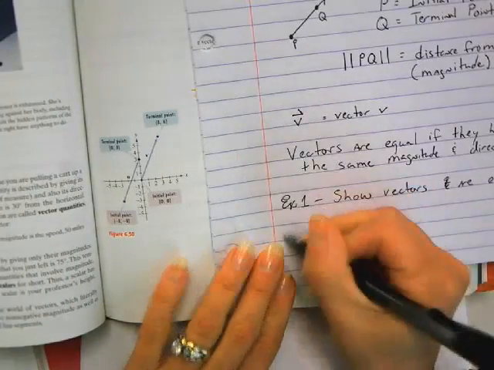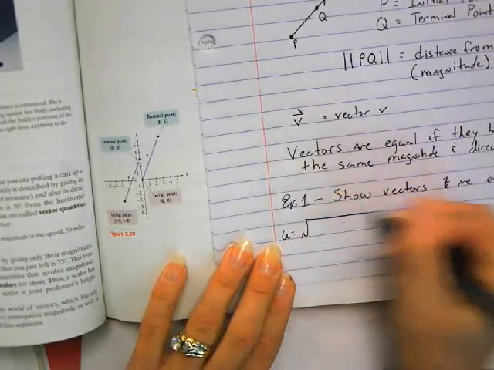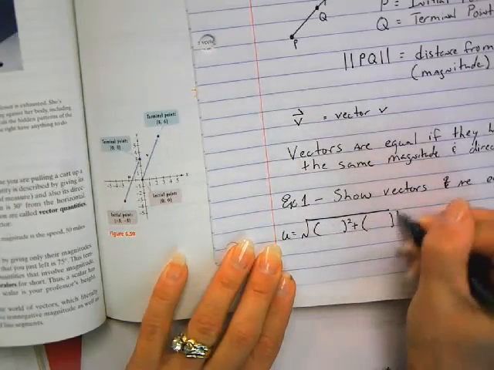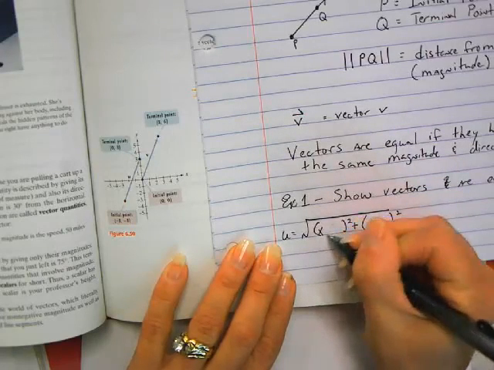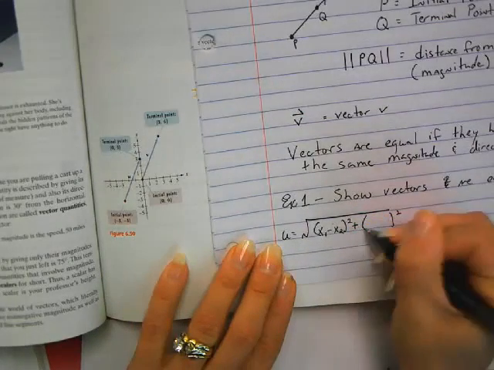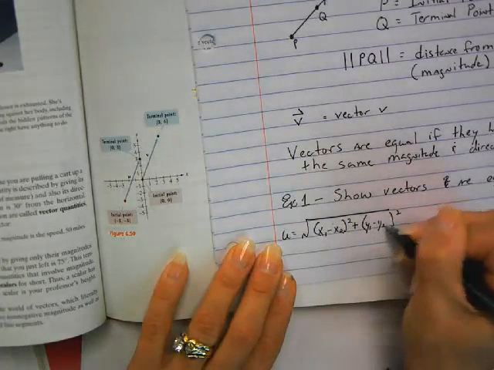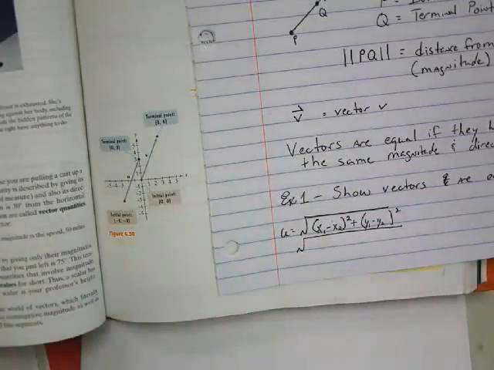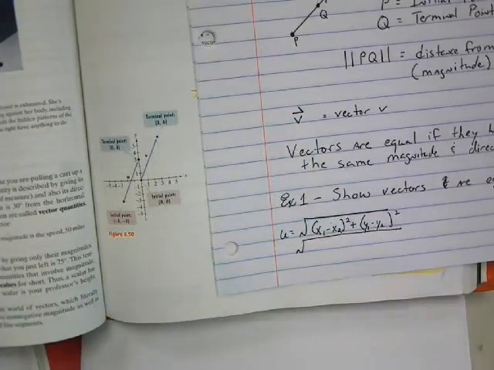So distance formula is the square root of the difference in the x values squared and the difference in the y values squared. Alright, so let's go ahead and plug in.